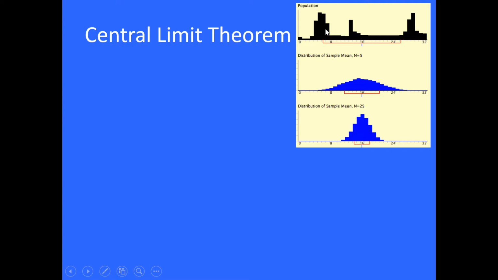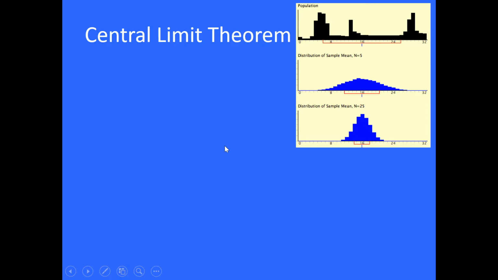If you take five samples from this and you calculate a mean and you do that over and over again, you actually get a distribution that is almost normal. I mean, this thing's a little platykurtic, so it deviates a little bit from normal. But then if you take 25 and you generate a sampling distribution of means, it really is just almost normal.